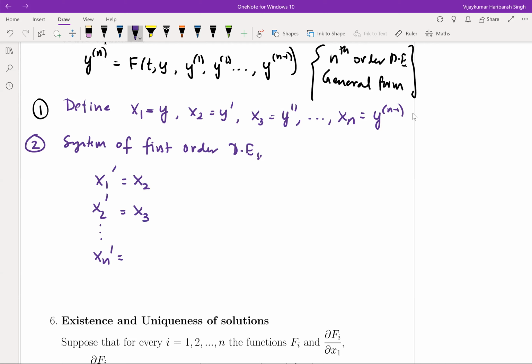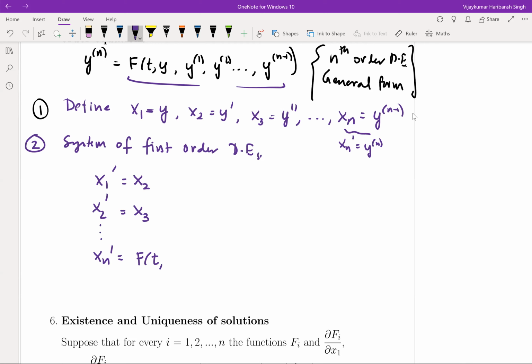And we get xn prime is going to be my yn, right? So that will be the derivative of this guy, and yn is basically this part here. So this is going to be f of t. Now note that there is no y anymore, all right? I'm writing my system of first order differential equations in x1, x2, x3, xn.